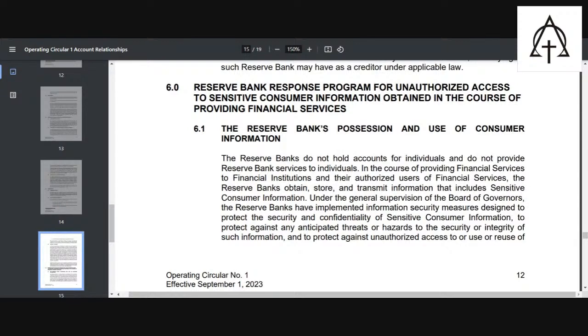Reserve Bank 6.0, Reserve Bank Response Program. Remember, we have a respondent and a correspondent. Reserve Bank Response Program for unauthorized access to sensitive consumer information obtained in the course of providing financial services.